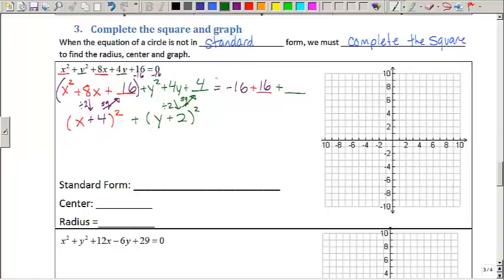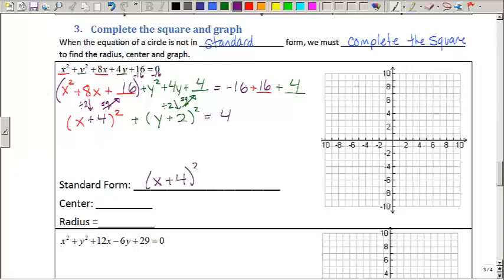Now, in order to keep my equation balanced, I can't just go about adding 4 to the left-hand side just because I want to. I have to also counteract it by adding a 4 to the right-hand side. When I combine my terms on the right-hand side, negative 16 plus 4, I'm getting negative 12... I mean, I'm getting 4. And in 2 steps, I've changed my general equation of a circle into the standard form of a circle.